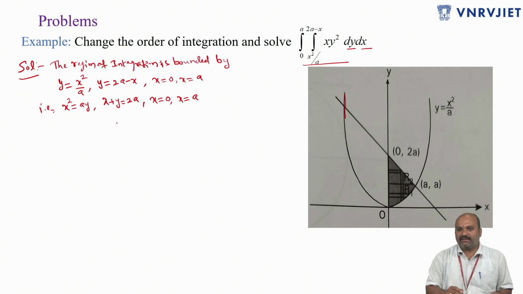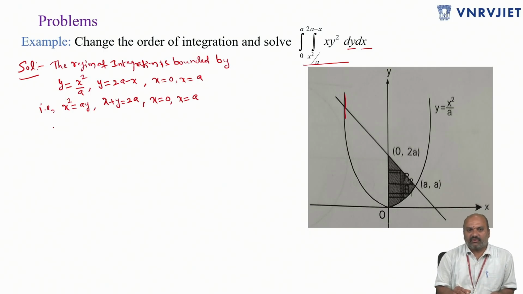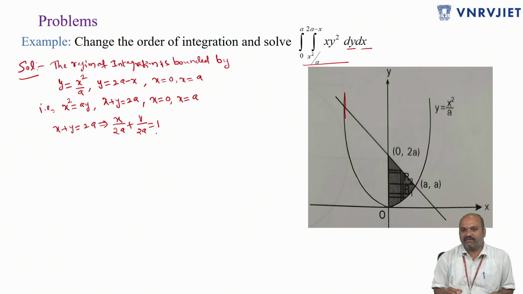Let's determine the intersection points of this straight line with the coordinate axes. x plus y equals 2a can be rewritten in intercept form as x divided by 2a plus y divided by 2a equals 1, dividing the equation by 2a on either side. This means the x-intercept is 2a and the y-intercept is also 2a.